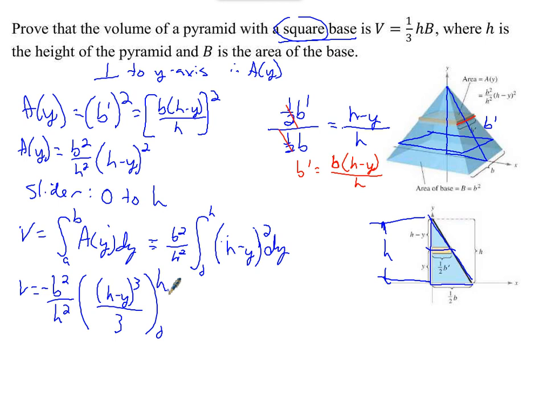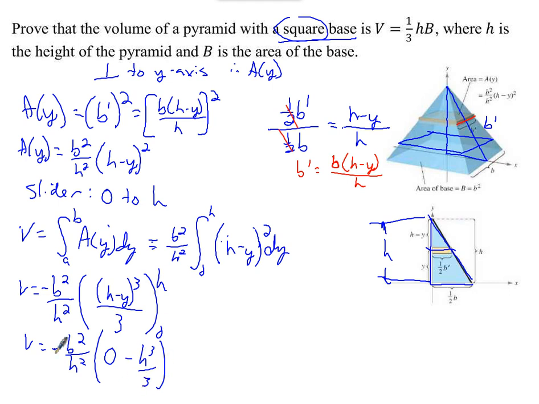We're almost there. So we get V equals negative b squared over h squared times h minus h, which is 0, to the third is 0, divided by 3 is 0. So that's just 0 minus h cubed over 3. The 0 minus that leaves me with negative h cubed over 3.